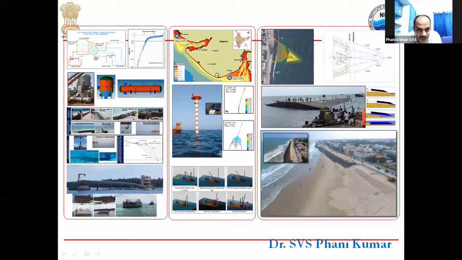By offshore, we are talking about somewhere between 15 to 20 meter water depth to anywhere up to the Exclusive Economic Zone, EEZ, which goes all the way up to 200 kilometers from the shore.